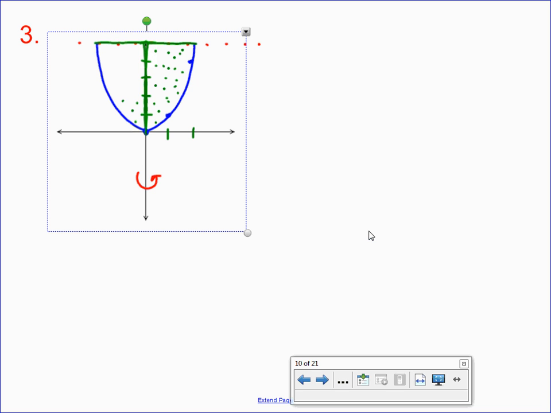What 3D shape would be formed? If only we had a parabola. Okay, so if we took our original parabolic region, we can see that as the shaded part, right? And we spin that around the y-axis and consider the space shape.